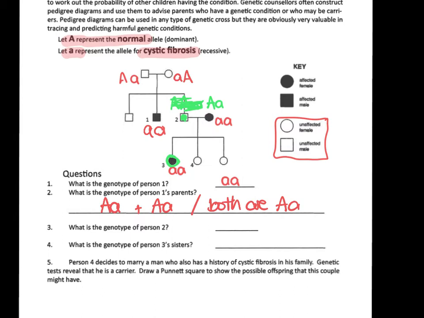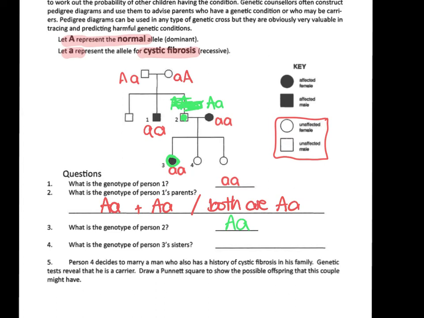So we can be sure that genotype of person 2 is big A, little a. Now that's a tricky question. I think a lot of people would have just looked at his parents and not been sure, but you have to look at the whole diagram, all the information that's relevant. So you look at his offspring as well.